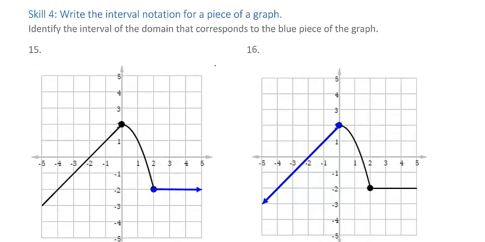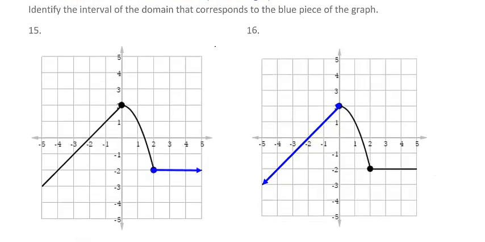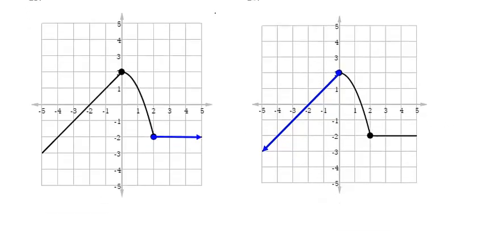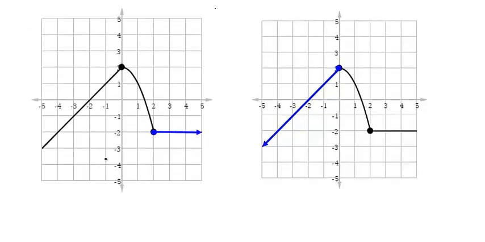Now we want to write an interval notation for a piece of a graph. In these examples, I have a graph drawn in black, and then we only want to write the piece that corresponds to the part shown in blue. The part shown in blue, notice, is to the right of the x value of 2.